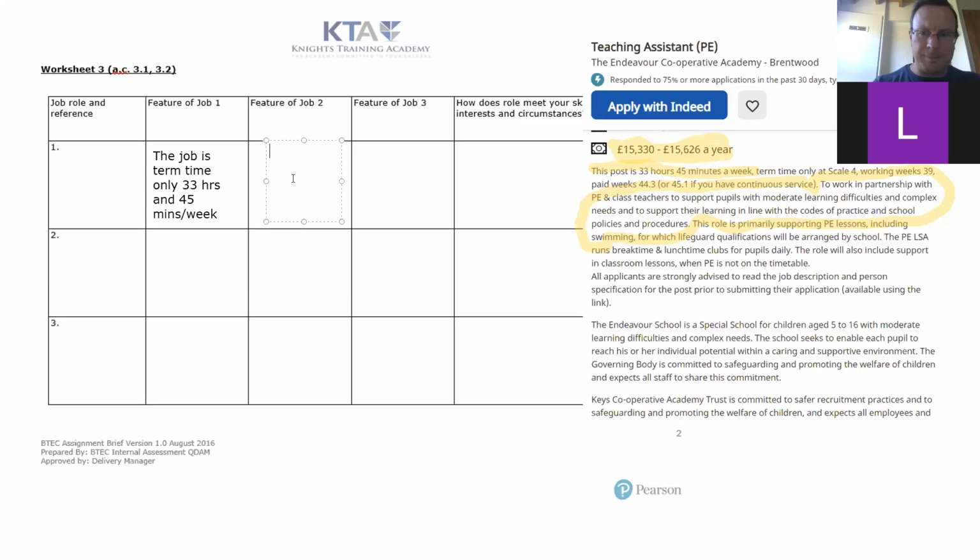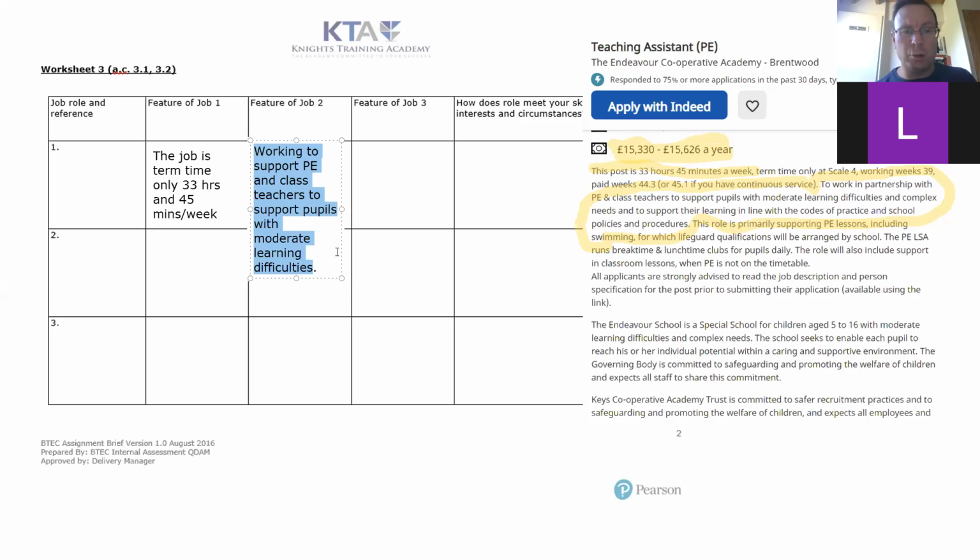So you'd find that in feature 2 of the job.